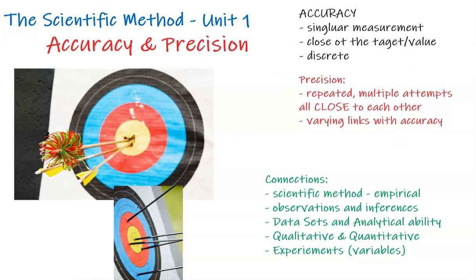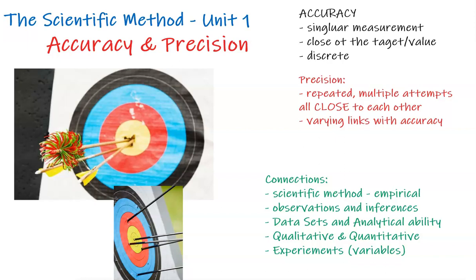So to wrap it up, the overview of accuracy and precision are in the top right-hand corner here, and you can use this topic to connect not only the empirical experiments and use of data and how scientists have to be precise and accurate, combined to formulate supporting analysis and conclusions, and to follow the scientific method, the 7 steps.